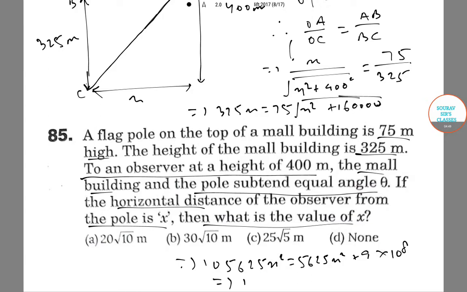So we get 1 lakh x squared to be equal to 9 into 10 to the power 8. x is equal to 30 into root 10 meters. So the correct option is option B.